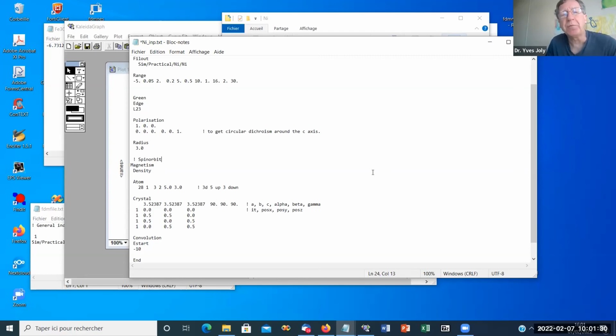With the keyword spin orbit, you put some spin orbit in the final state, so you can get some XMCD.